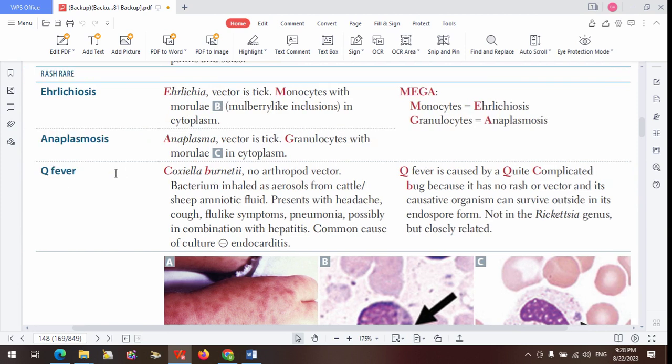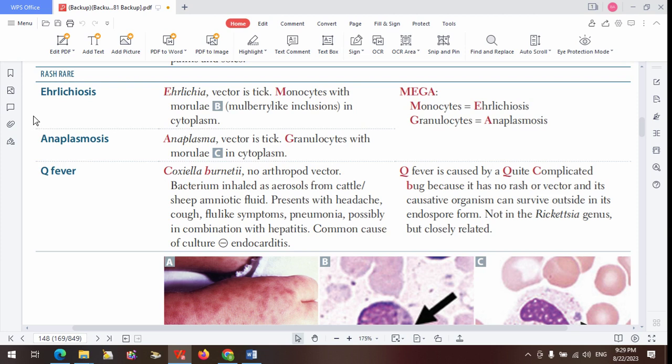But within the sheep or the cattle, it is the amniotic fluid that actually contains a high amount of this Coxiella burnetii. So once somebody works in places where they butcher animals and takes in the amniotic fluid droplets from the abattoir, the person can develop Q fever.